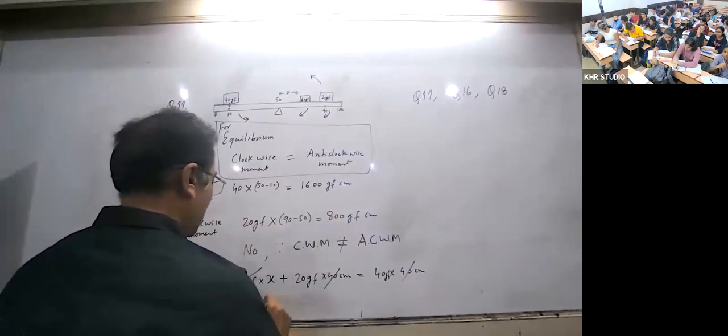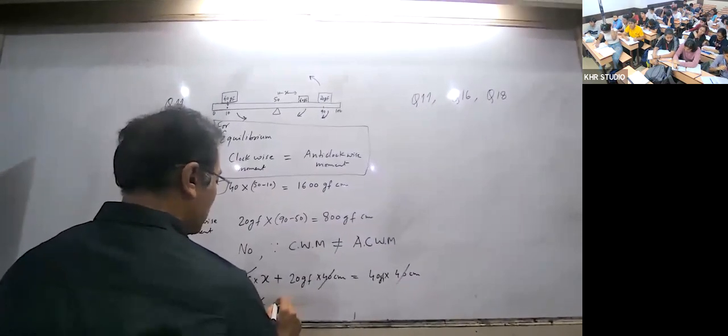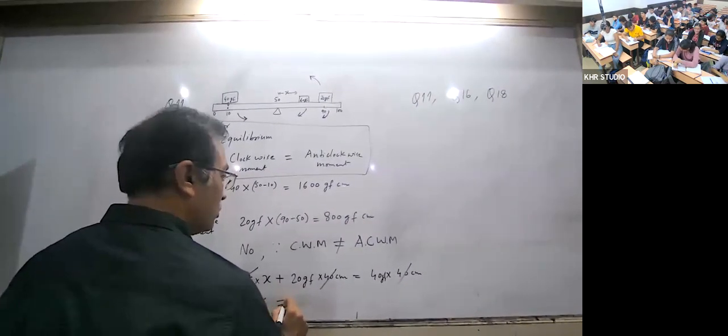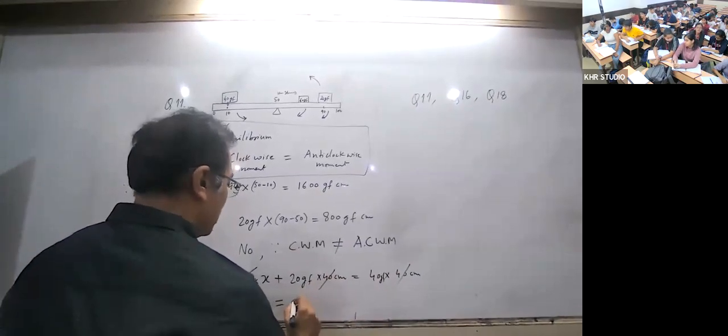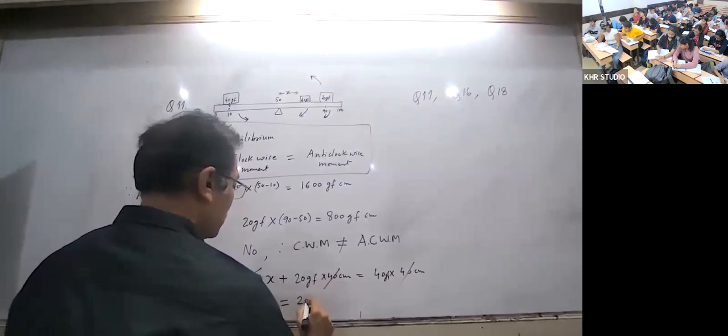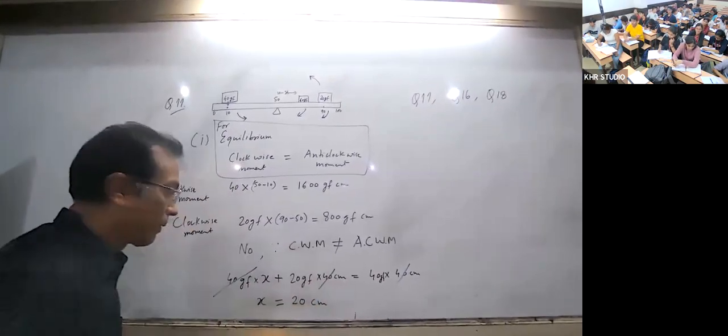What do we have? X equals 40 minus 20. How much here? 20. 20 centimeter.